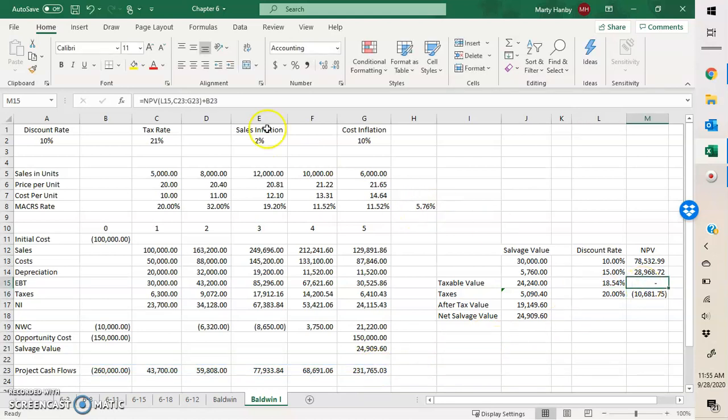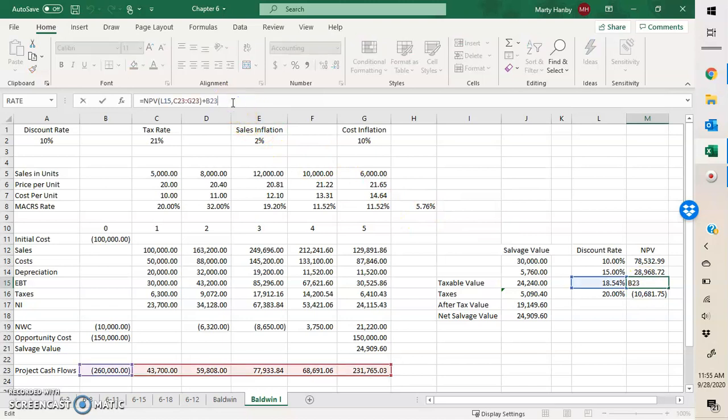And over here I can prove to myself that the IRR is 18.5%, because what is the IRR? It's the rate that makes the NPV equal 0. So L15 is the IRR, and C23 through G23 are the project cash flows, and then you add back the initial cost as a negative, and you get the NPV.